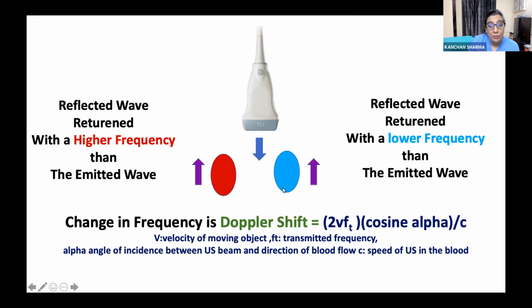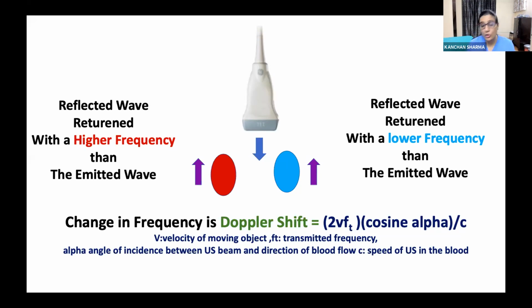So for one which is going away, the reflected wave going back to the transducer will be of lower frequency. And if the structure is moving towards the transducer, the reflected wave will be of a higher frequency. And this change in frequency, we call it color Doppler, okay? And this is the formula. If you want to remember it, it's fine.